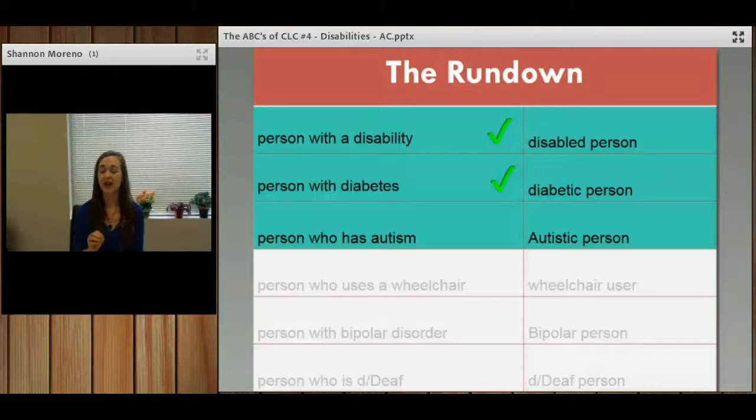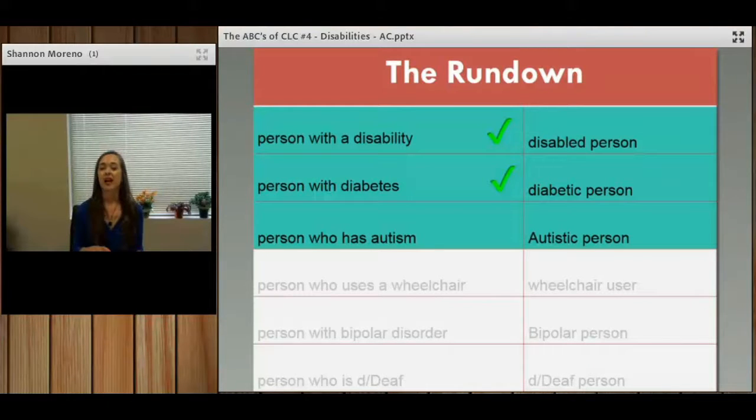So in general, it has been found that a lot of parents of children and youth who have autism, especially if their children are younger, are going to prefer the person-first language, that is, person or child who has autism.